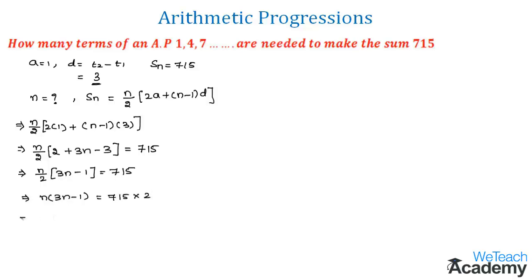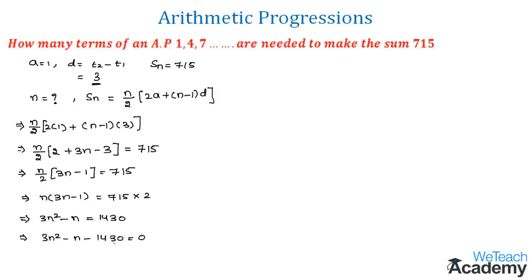That implies we get n into 3n as 3n square minus n is equal to, and by multiplying 715 and 2 we get 1430. Now let us transfer the RHS term to the left hand side. So we get here 3n square minus n minus 1430 is equal to 0.